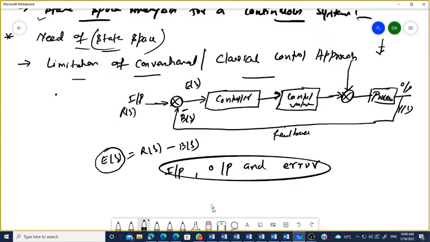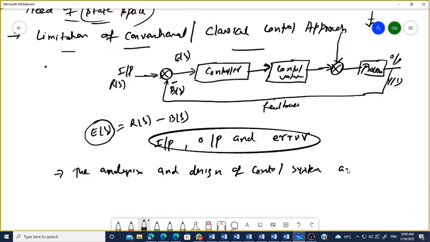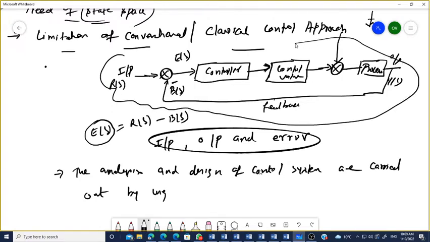However, the analysis and design of the control system are carried out by using, can anyone tell? To analyze this whole system we are going to find out some transfer function.